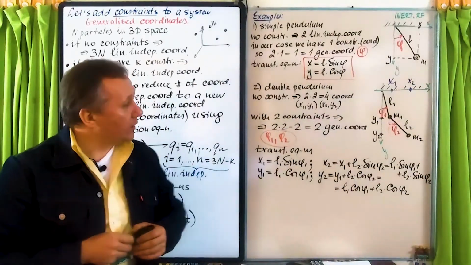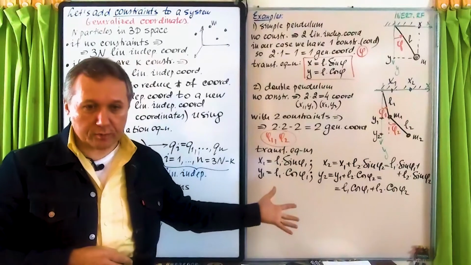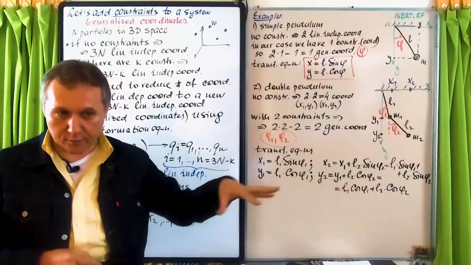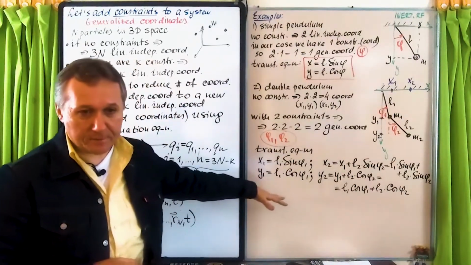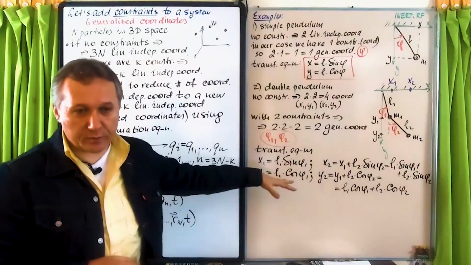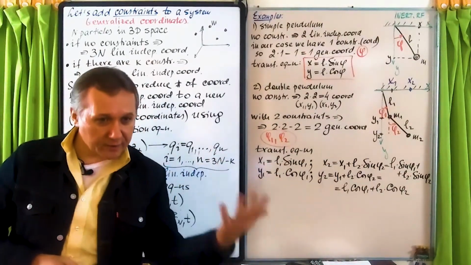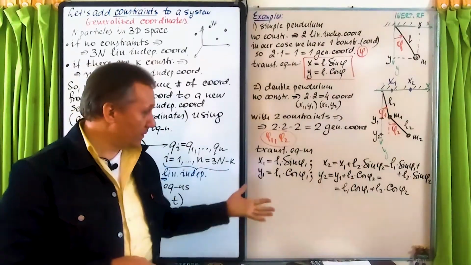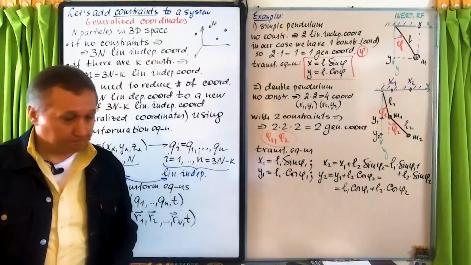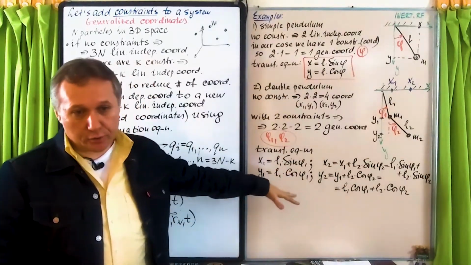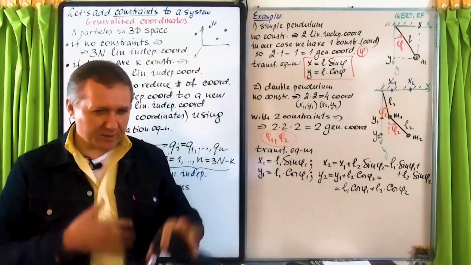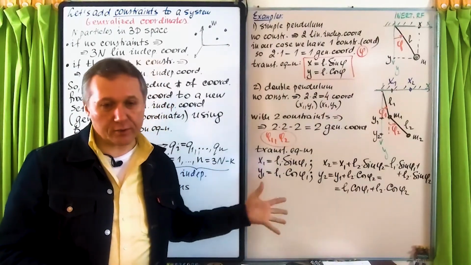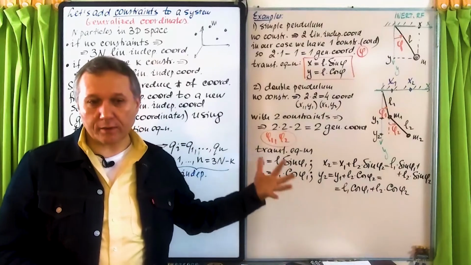If we decided to solve this problem, first I would write the Lagrangian in terms of x1, y1, x2, y2, and then I would take these transformation equations and differentiate them with respect to time, because we have x1 dot, y1 dot, x2 dot, y2 dot in the Lagrangian, and plug that into the Lagrangian. After a very tedious transformation, we would end up with a Lagrangian written in terms of phi 1 and phi 2.